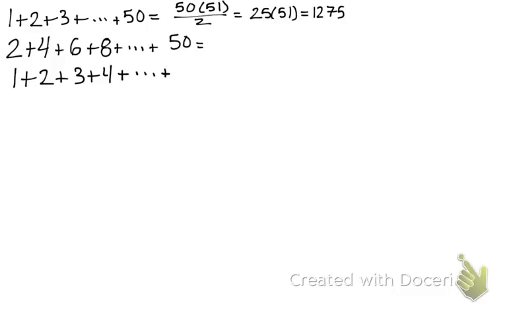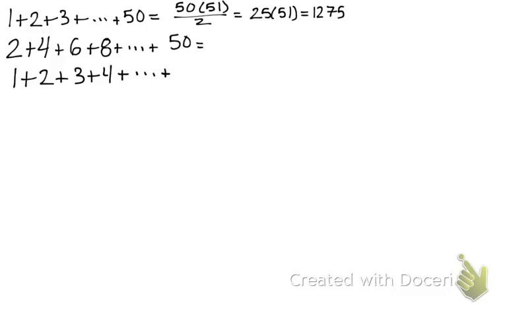Look, right here, 1 plus 1 is 2. 2 plus 2 is 4. 3 plus 3 is 6. Okay, so what can we do to change this into a form that looks more like what we need for our sum of the first n integers? They're all doubled, right?